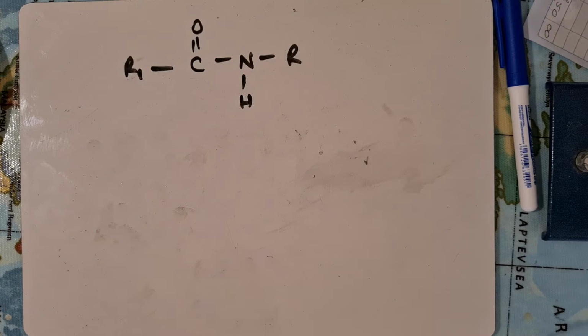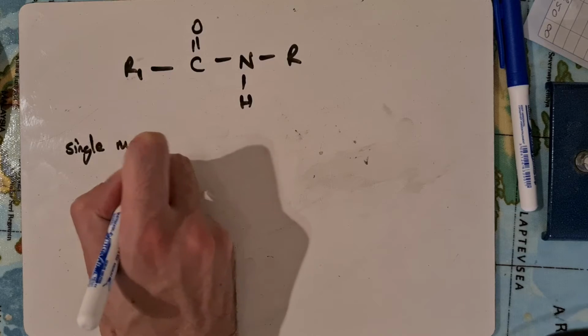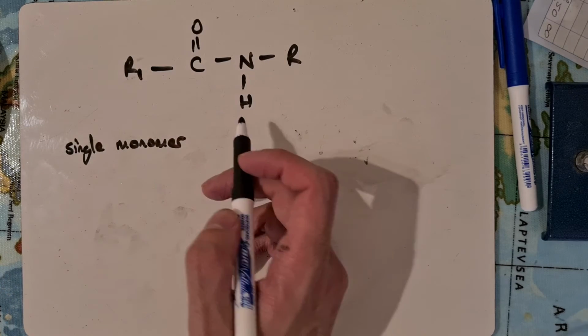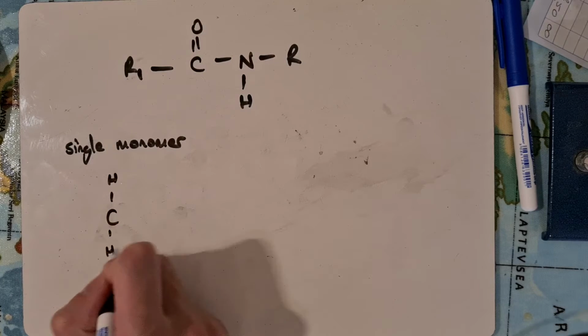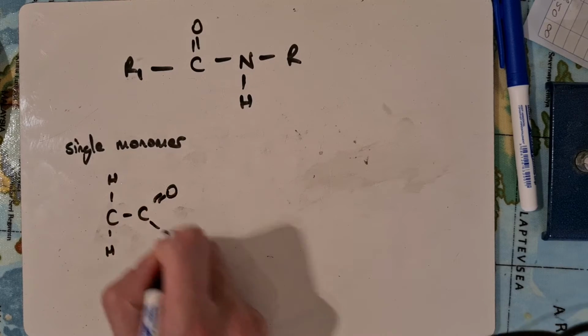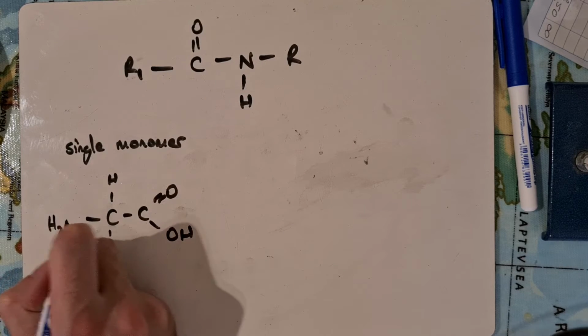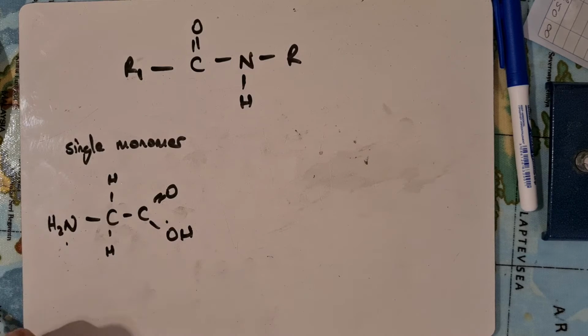To form it, we can start from a single monomer, and this has both an NH group and a carboxylic acid group, which you should recognise. It's got an amine group and a carboxylic acid group. It's an amino acid.